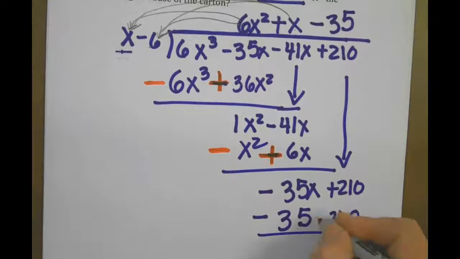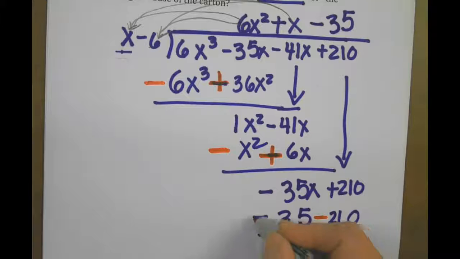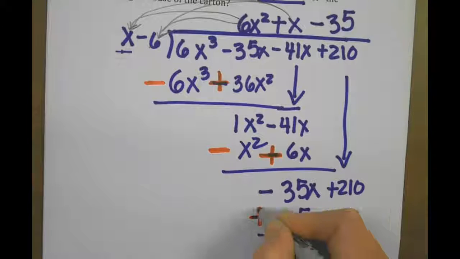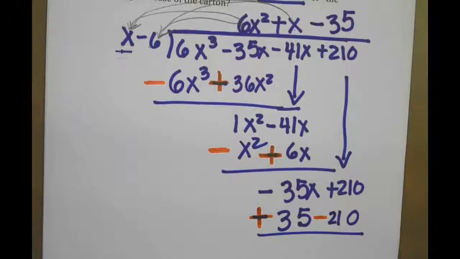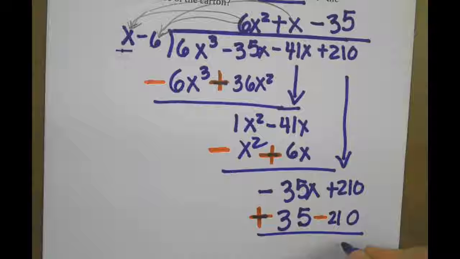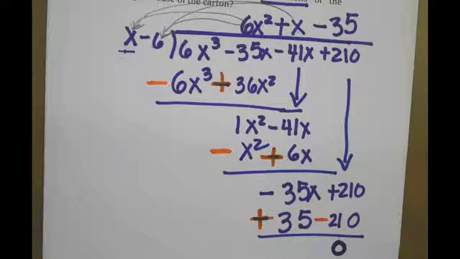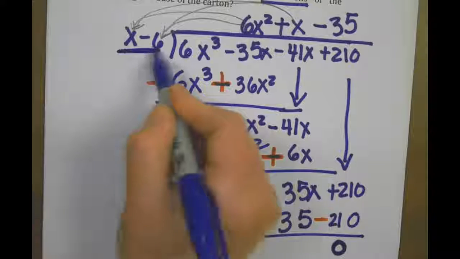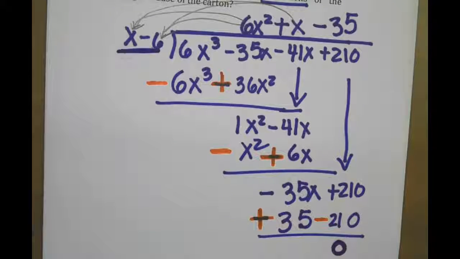And then you have to subtract. To subtract the negative, minus a minus makes a plus. The 35s cancel out. And what about the 210s? They cancel out, and your remainder is 0. That means that this has to be a factor.